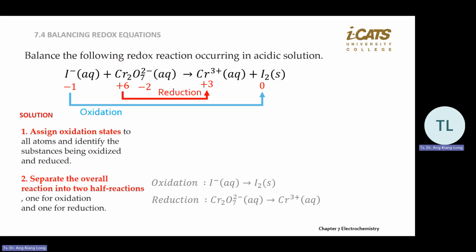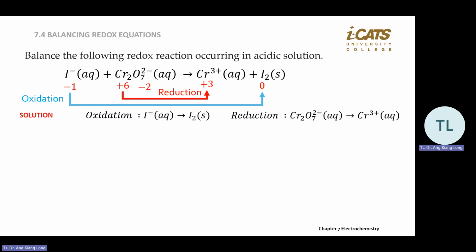Second step, write half equations by following the blue arrow and red arrow. Copy and build the 2 equations first: the oxidation half equation and the reduction half equation. Then the next step, we add in electrons to balance both sides. For example, on the left hand side, 1 minus, right hand side is I2 neutral.